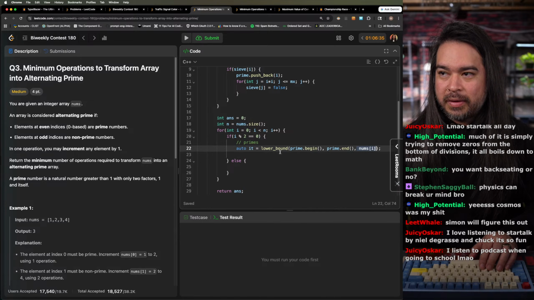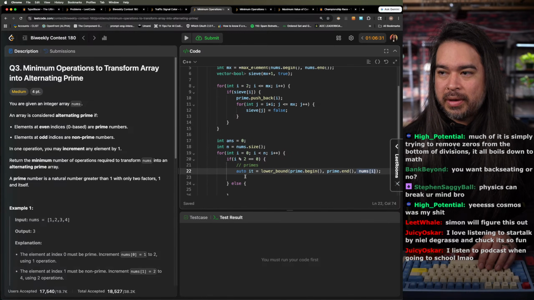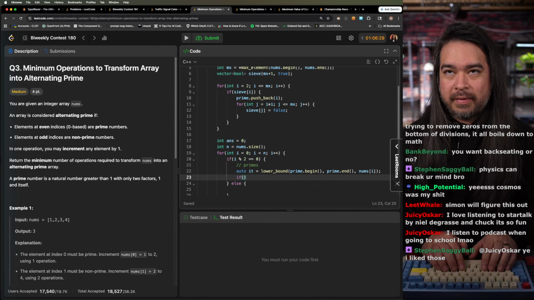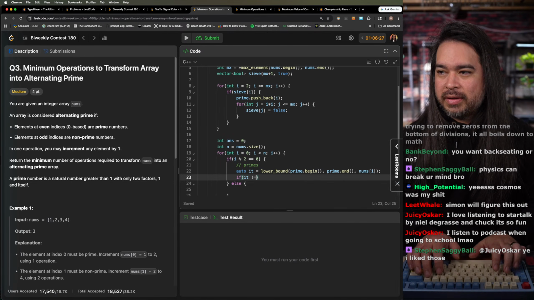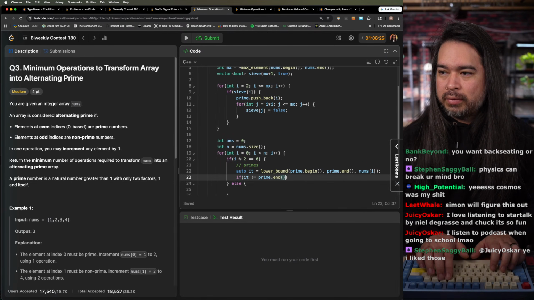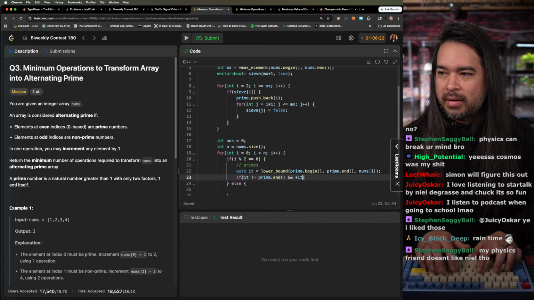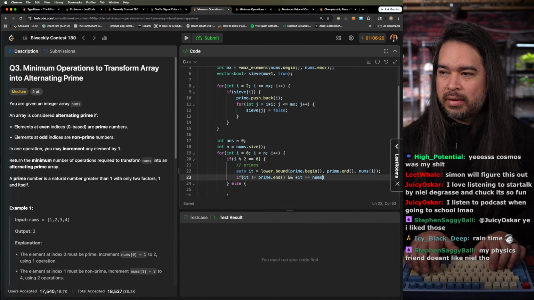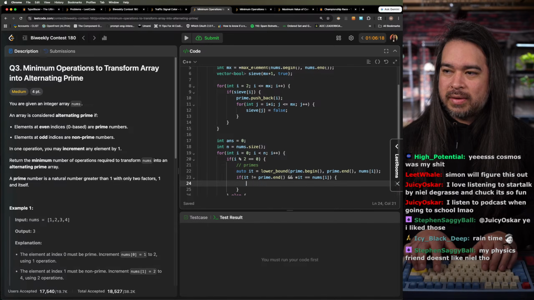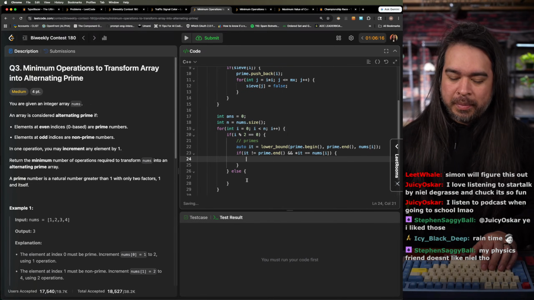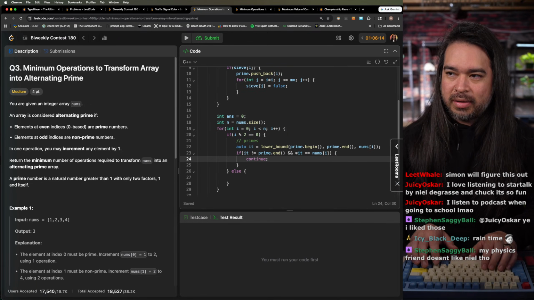So we're looking for the first number that's greater than or equal to the prime number. And then we can check if we found something and that value is equal to this, that means it's already a prime number and we don't need to do anything.